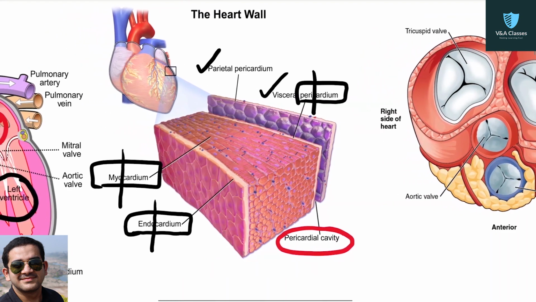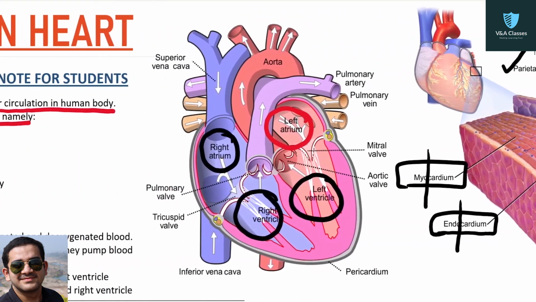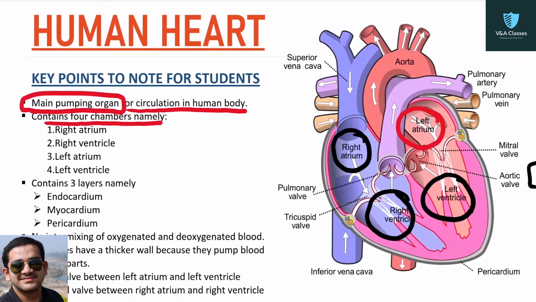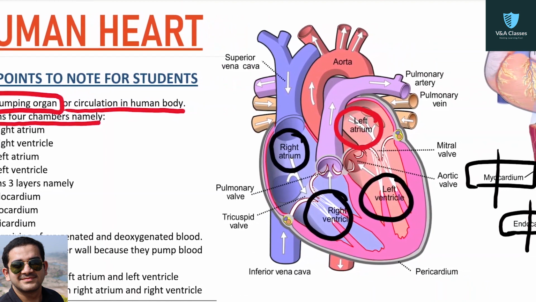So we have seen the four chambers of the heart and the three layers of the heart. We have covered the first, second and third key points. What is the fourth important point to see? That there is no intermixing of the oxygenated and deoxygenated blood.